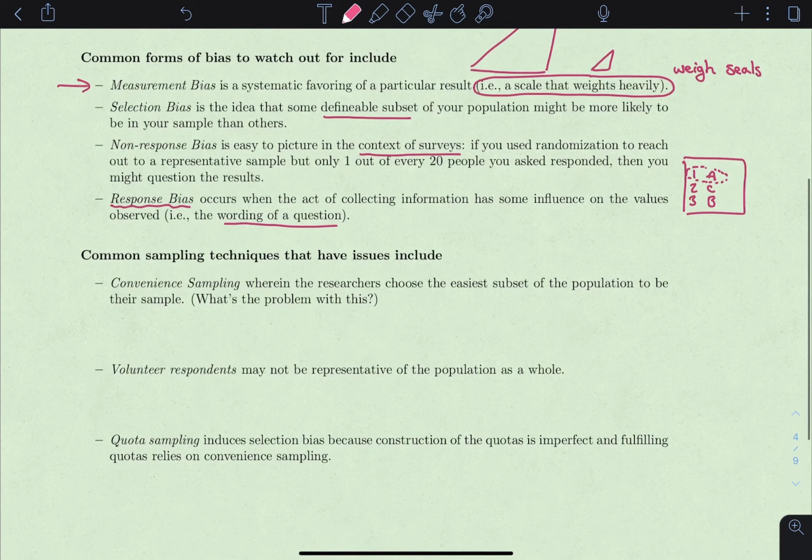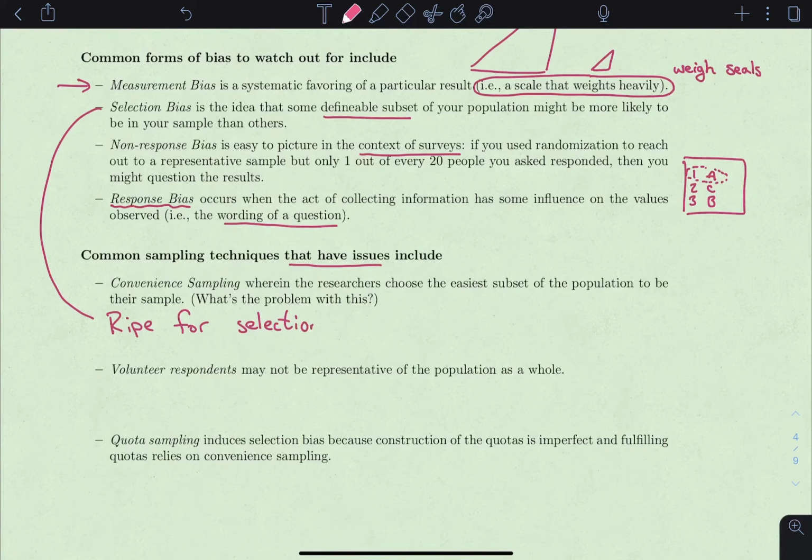And then finally, let's talk about some common sampling techniques that have issues. The first one here is convenience sampling, where researchers just choose the easiest subset of the population to be in their sample. That's just picking the people that are nearest by. What's wrong with this is some kind of selection bias, because there's a definable subset of people who are more likely to be in your sample than others.